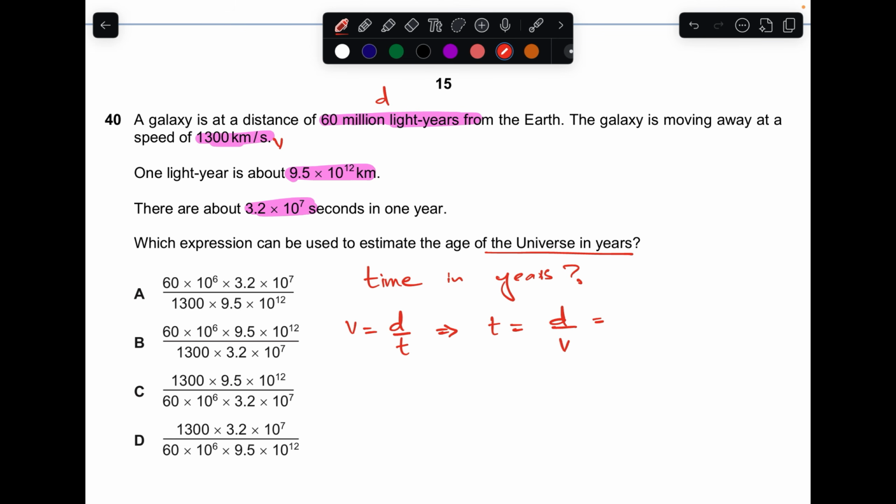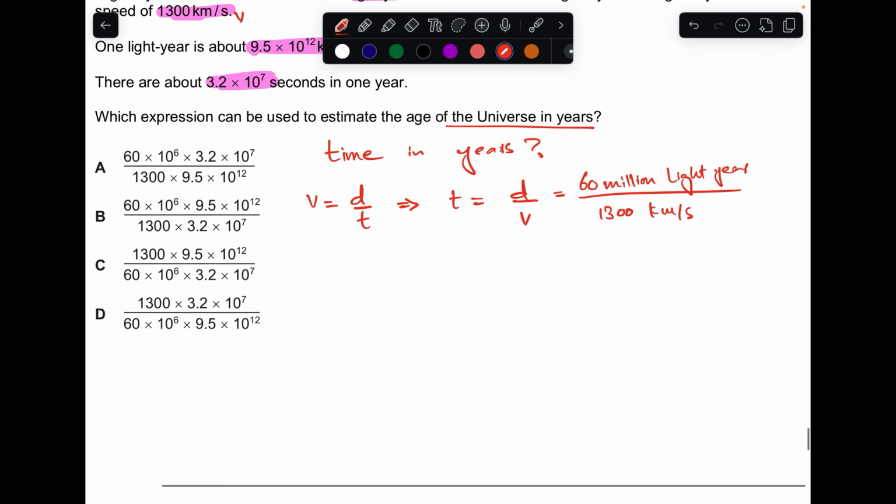Distance is 60 million light years, divided by 1300 kilometers per second. Now let's change it. For the million, I can simply write it as 10 to the power 6.